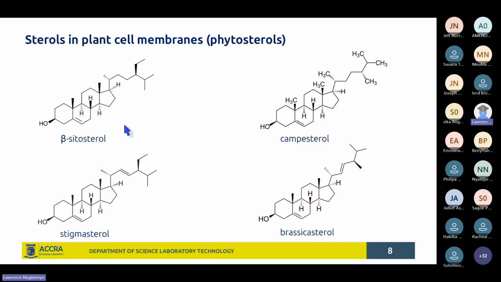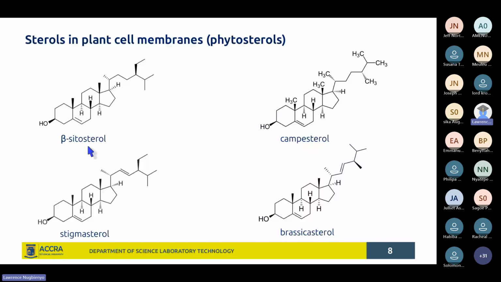Now, this brings us also to a discussion on the use of these sterols as supplements in place of cholesterol.